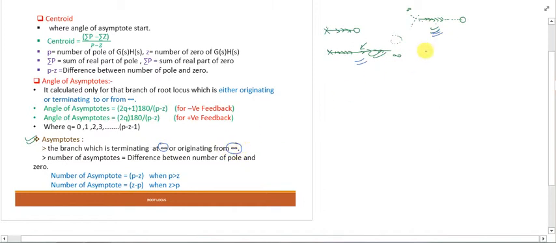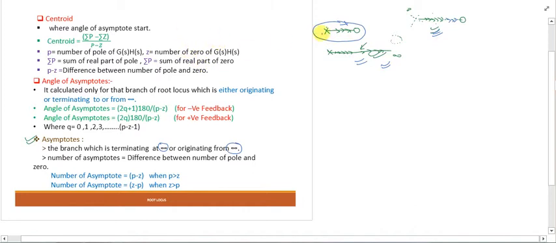Terminating at infinity means there is a virtual zero, or there is a virtual pole if it originates from infinity. If at infinity there is a virtual pole, then the branch originates there and terminates at a real zero. Then this branch is known as an asymptote. But this other branch is not known as an asymptote, right?